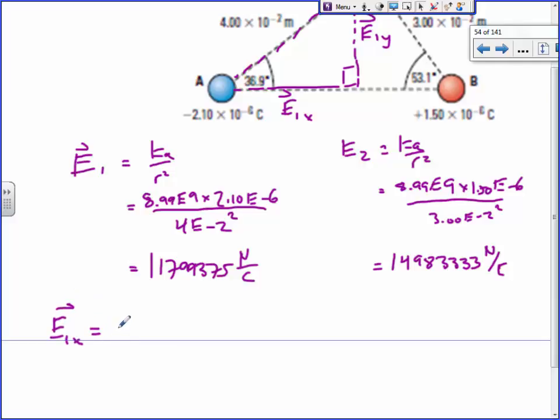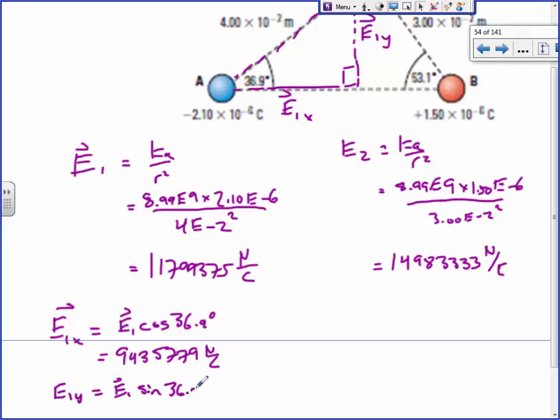E1X equals E1 times the cosine of 36.9 degrees. Cosine of 36.9 degrees is 0.9435779 3. E1Y is E1 times the sine of 36.9 degrees.